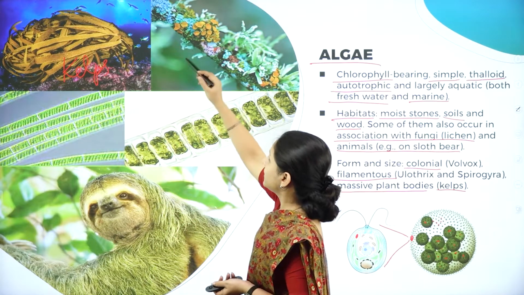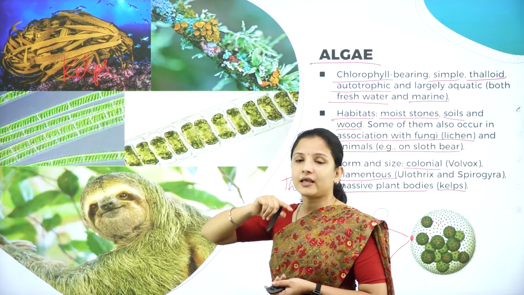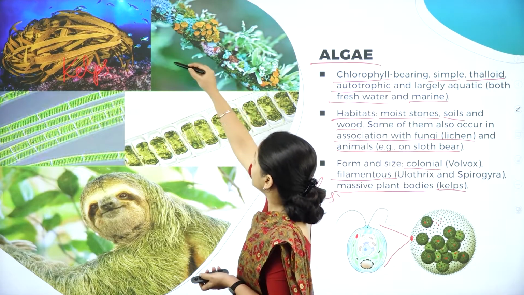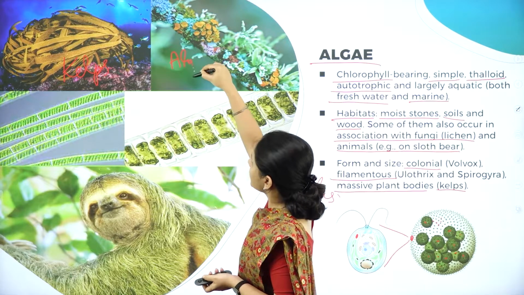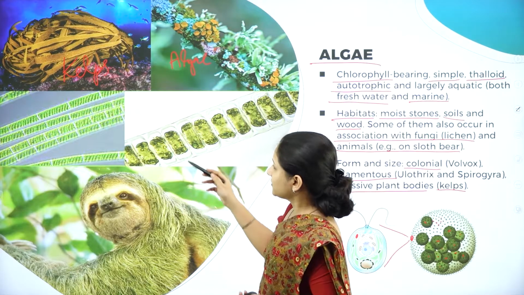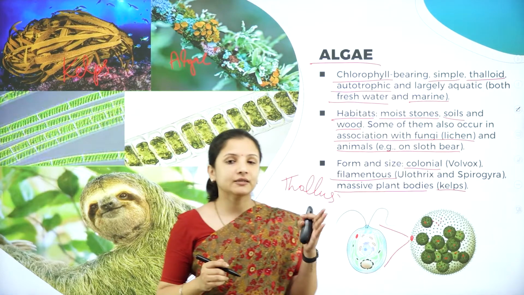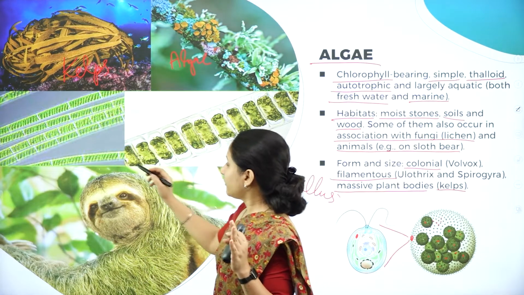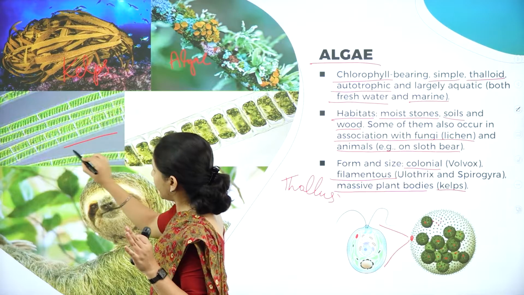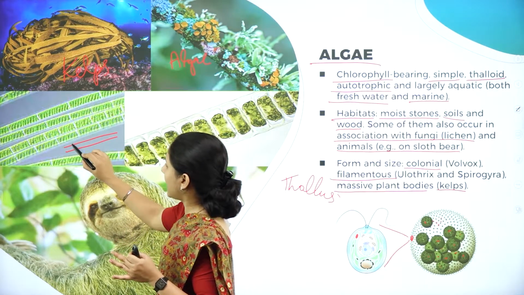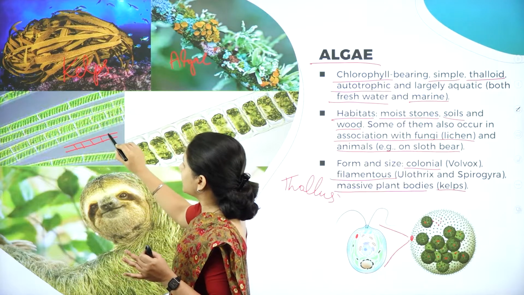Next we have lichen. I told you some algae grow in association with the lichen. You can see here some algae growing in association with the lichen. Next, moving on to Spirogyra. Spirogyra is filamentous. Filamentous means they are long and slender, and the filaments have septa like this. They are septate.